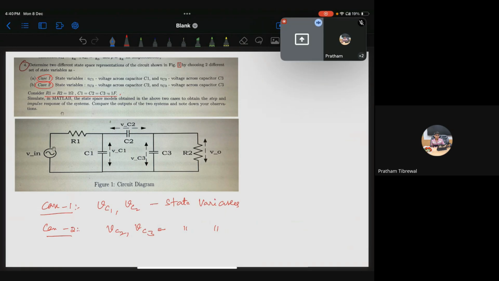So in first case, the equation should be like this. Let me give you the answer so that it is easy for you to check.